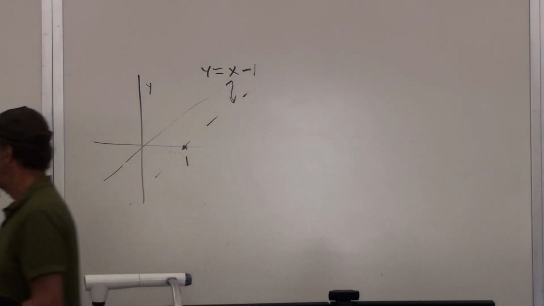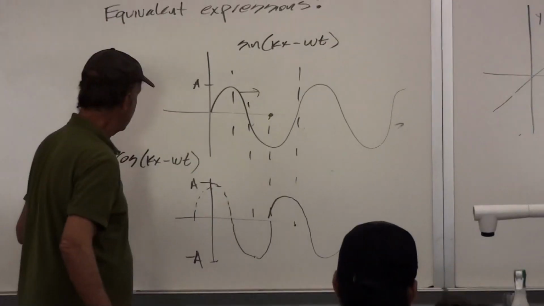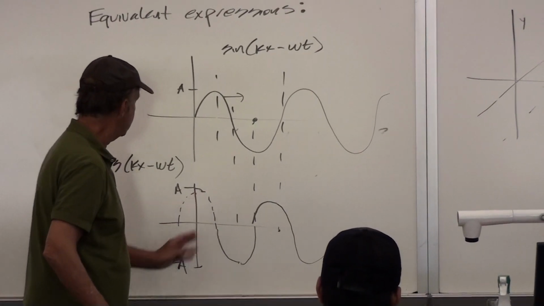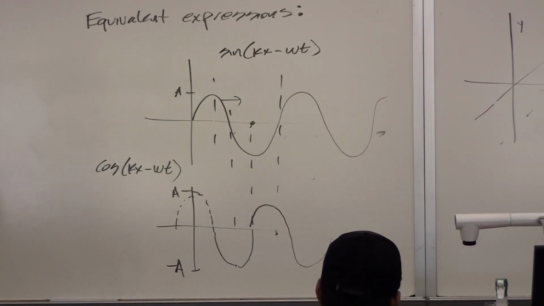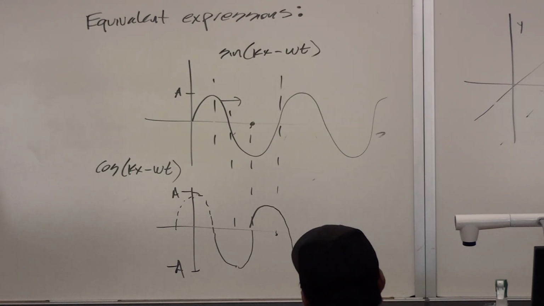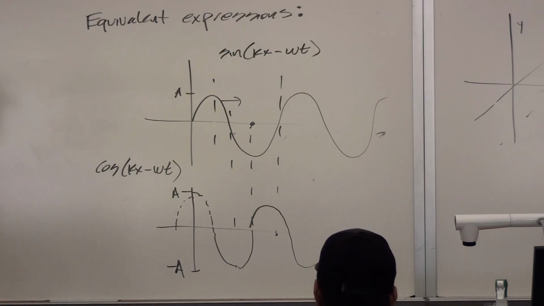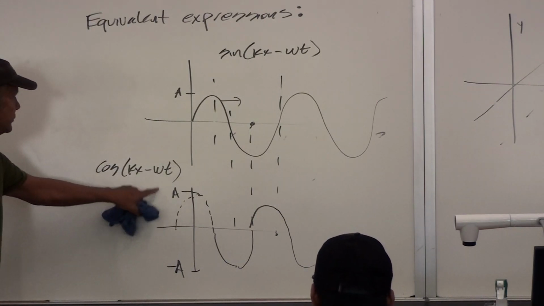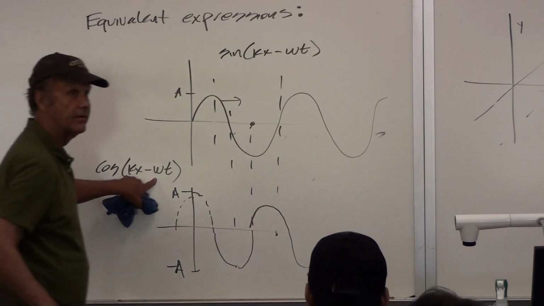And so here then, if I want to shift this thing to the right, then that's going to be a phase shift, essentially, of 90 degrees, or pi over 2 radians. Okay, so go ahead and write this expression with the correct phase angle. Go ahead and just do that right now.